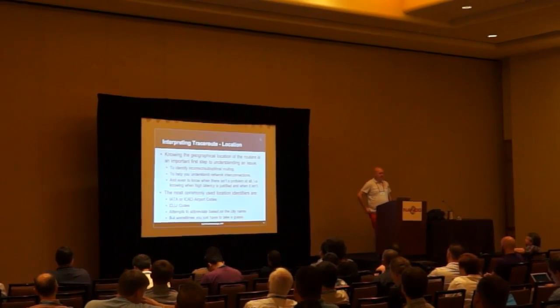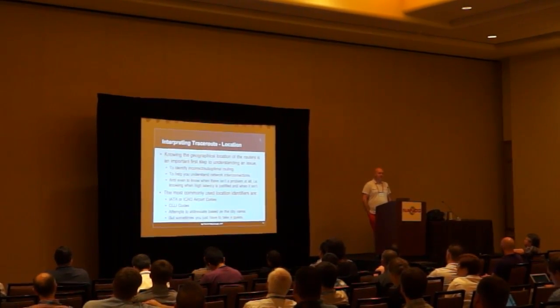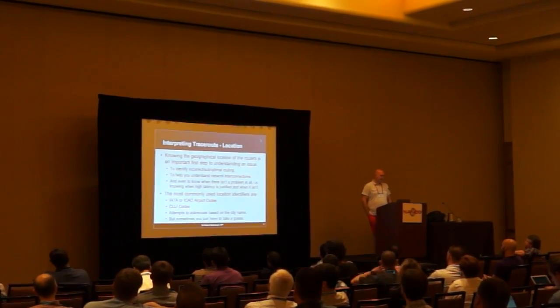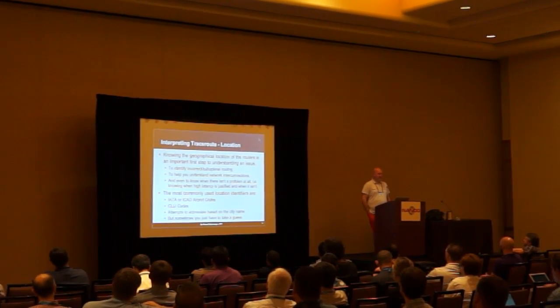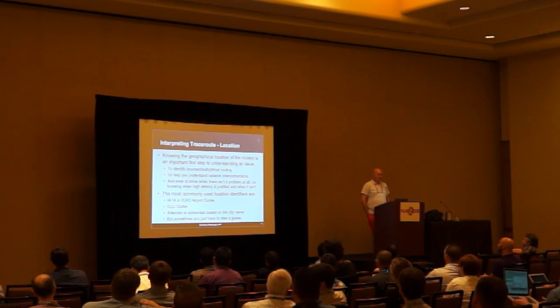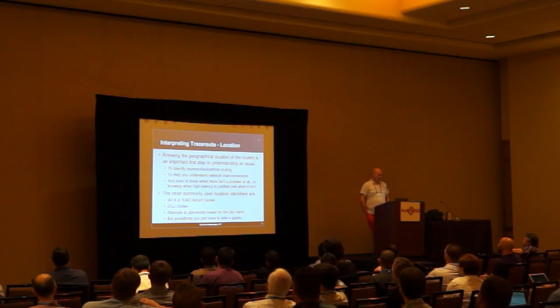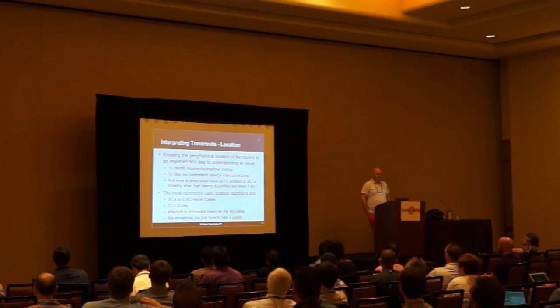So the most commonly used location identifiers that people put in traceroute are the IATA or the ICAO airport codes, or CLLI codes, primarily in the US. But a lot of times people just attempt to abbreviate it to a common name.